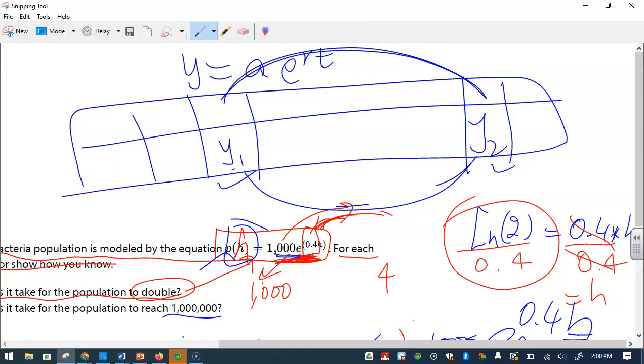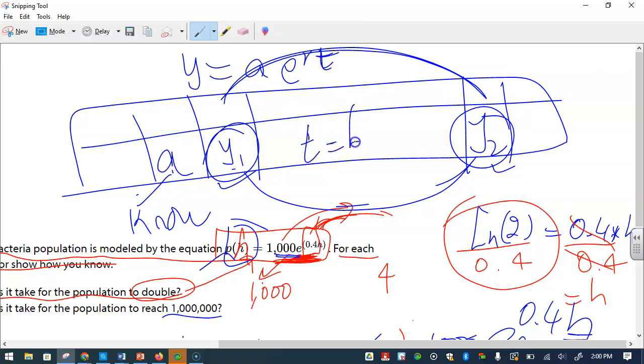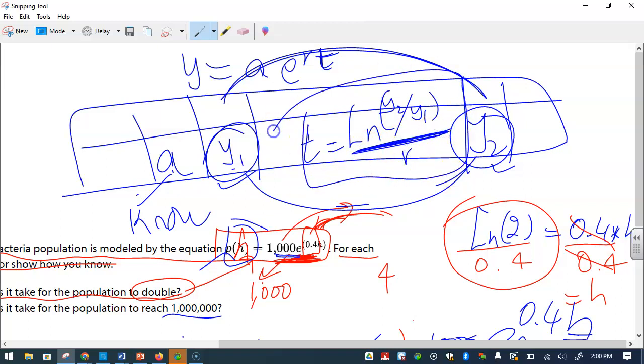And this a is known. So how do I find after how many hours? You have a shortcut formula. Just remember that t becomes equal to ln of y2 divided by y1, like the calculation that I did, and just divide by r, and you're done. So that's the shortcut trick to remember.